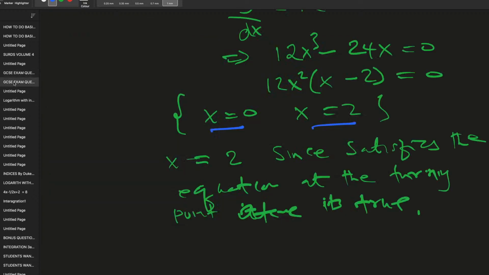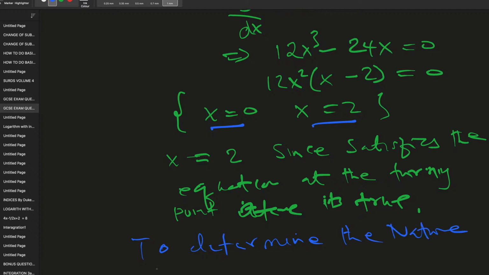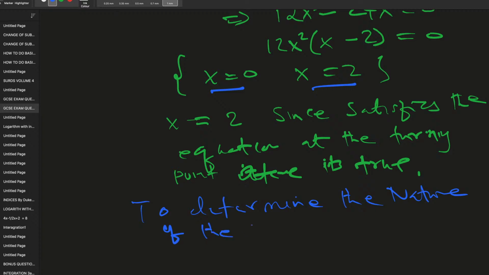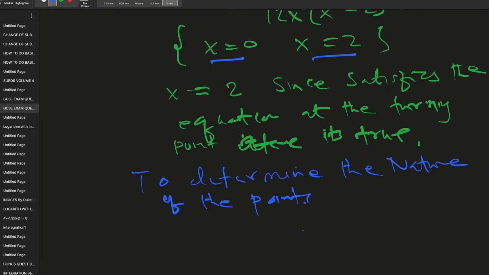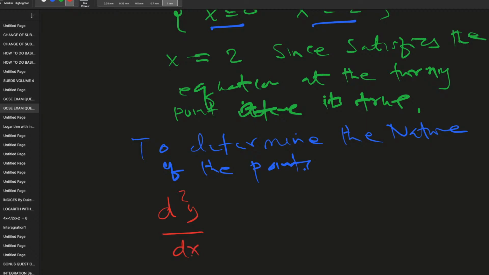So, to determine the nature of the point, we say the second derivative d squared y over dx squared, the value when x equals 0.